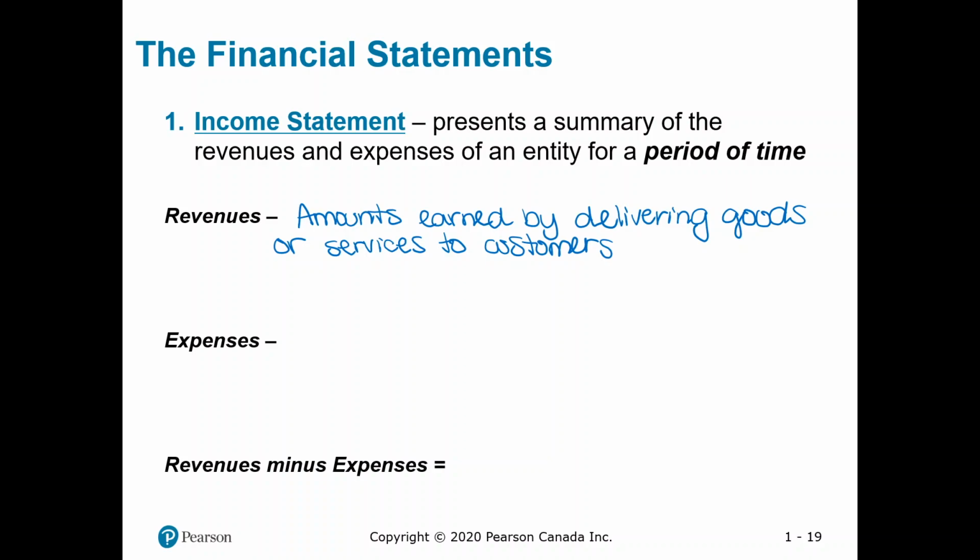So you'll do the work, you either sell someone some type of product or you go do a service for them and you earn that revenue when the work is done or when the good is delivered.